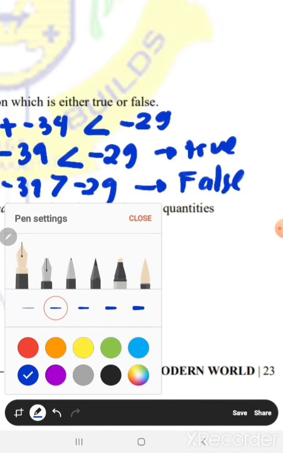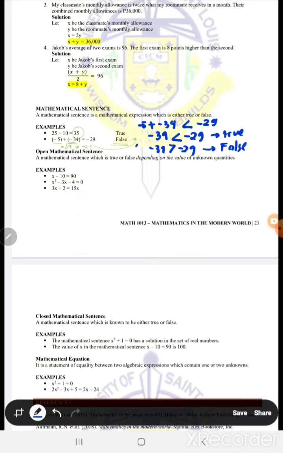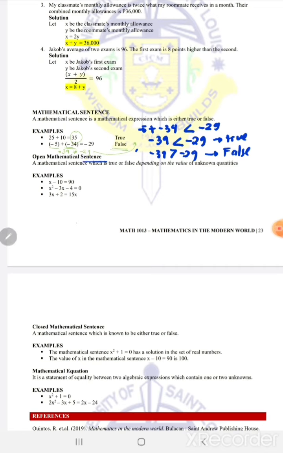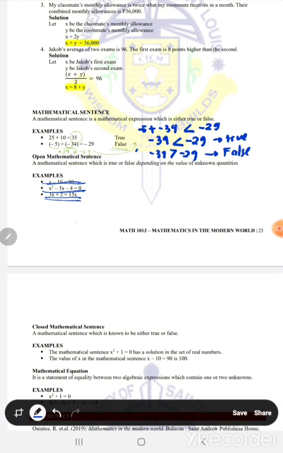Okay? Next is an open mathematical sentence. When you are talking about an open mathematical sentence, you are going to define your x. By solving for x, you will have a value of your x.